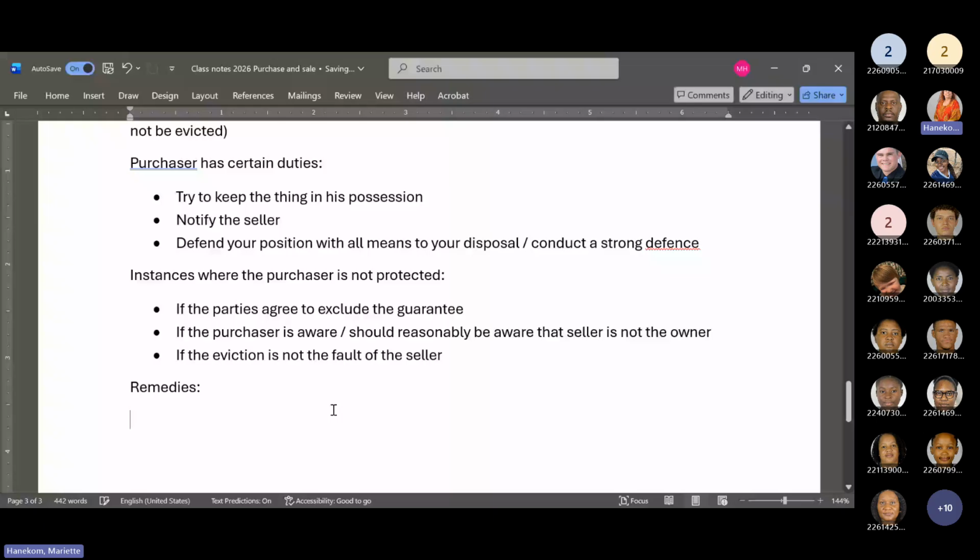What is the legal situation? How does this affect the contract? Somebody, quickly. So the seller has the duty to guarantee that nobody will take it away. Now somebody comes and takes it away. What effect does this have on the contract?